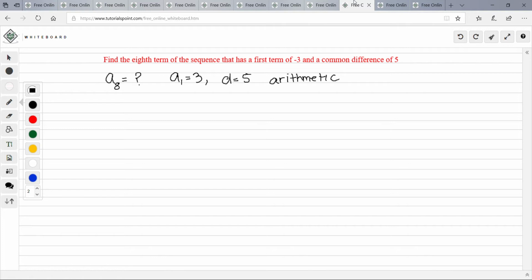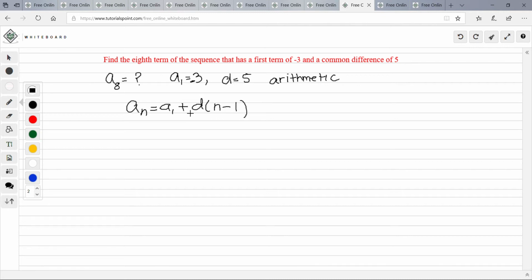We know the first term is -3, and we know the common difference is 5. So if it has a common difference, we know it's arithmetic, right? So we'll use the nth term formula for the arithmetic sequence. So that's an equals first term plus d times n minus 1, right?